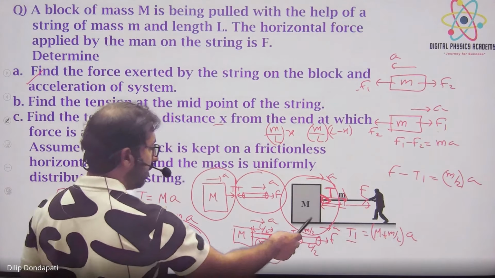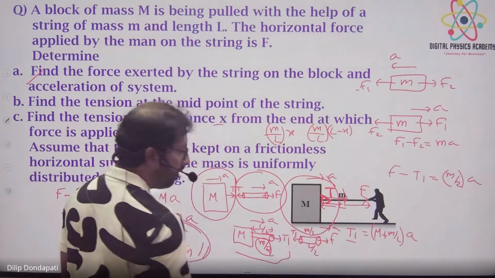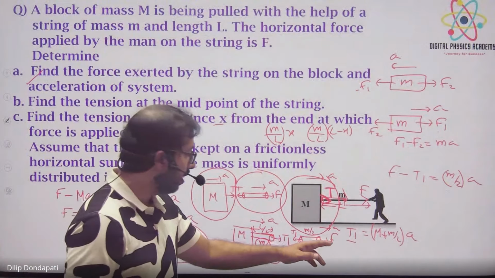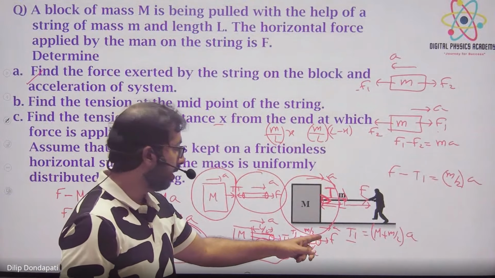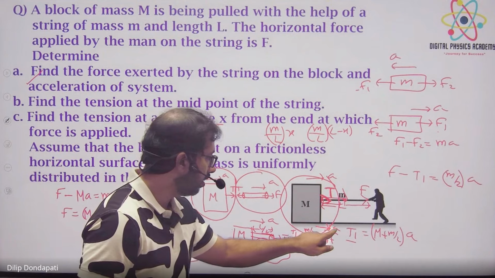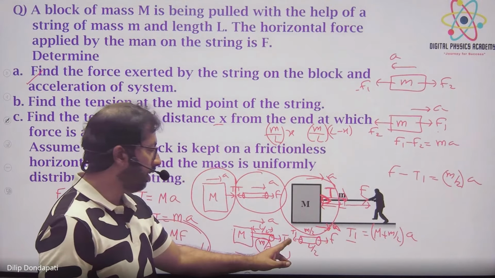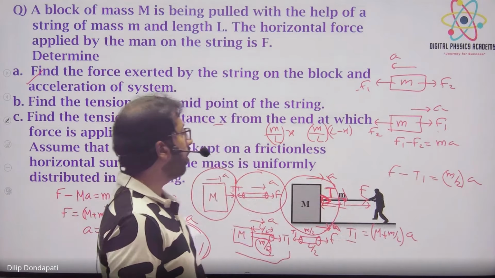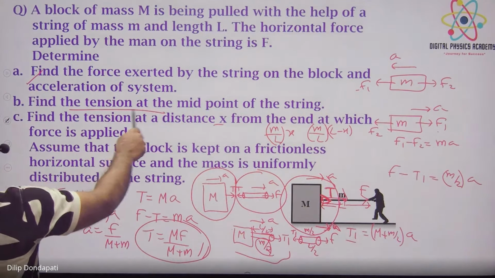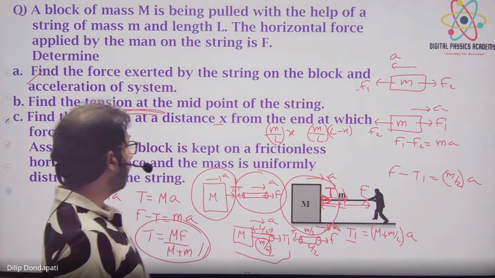And what is the second equation? F minus T1, with acceleration like this. F minus T1 is equal to m by 2 times a. If you solve, you will get the tension at the middle point, T1.